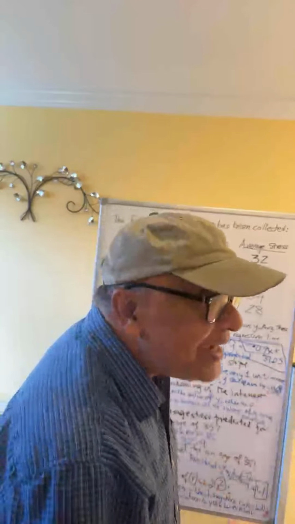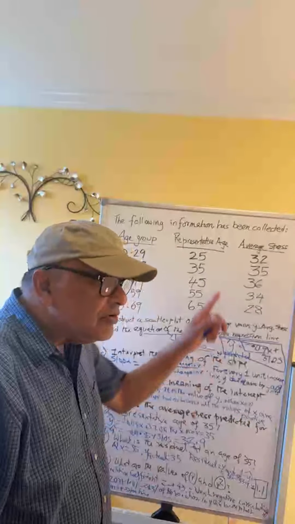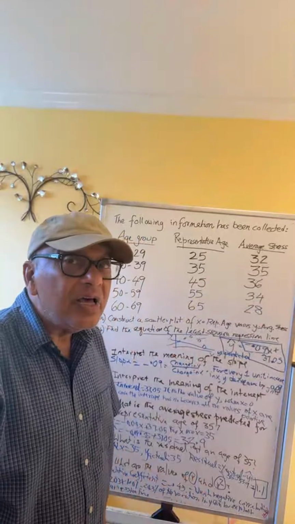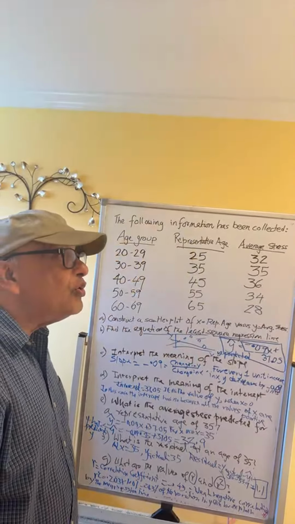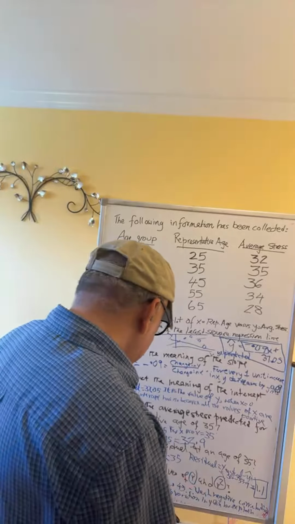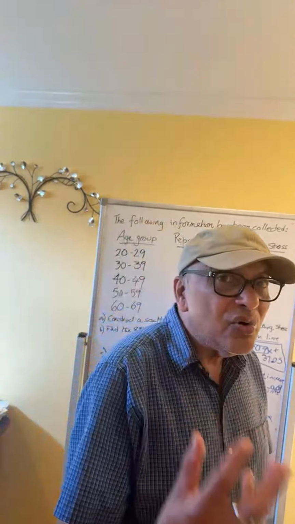Now if you do stat, calc, 4, and then go down to calculate, it will give you not only the least square regression line, it will give you the value of r and r square. What is r? R is called a correlation coefficient. In this case, the correlation coefficient is minus 0.45.